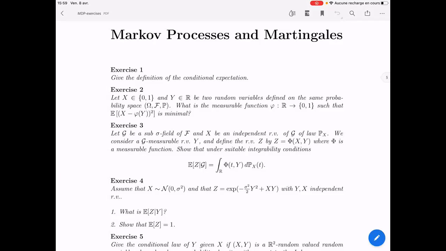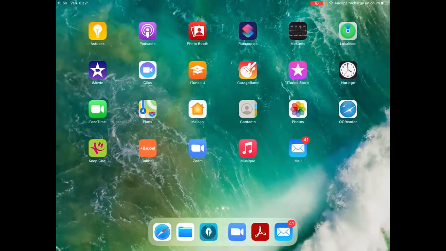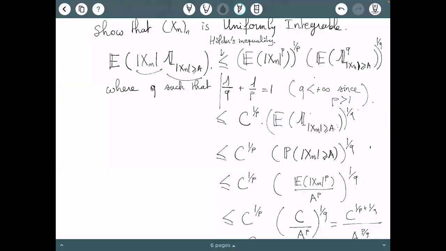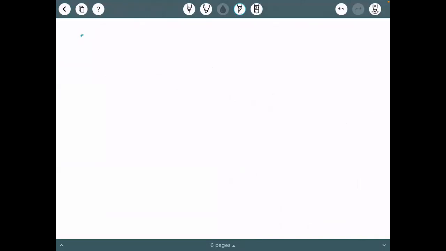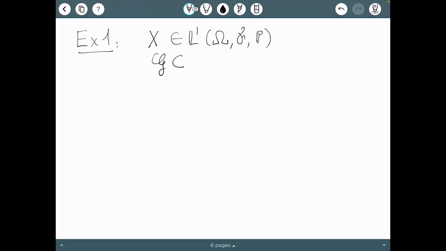So I have some random variable X and some sigma field G, and I want to know what the definition is. X is in L1 of some probability space Omega with some sigma field F and P. G is some sub sigma field of F. And the question is, what is this object?